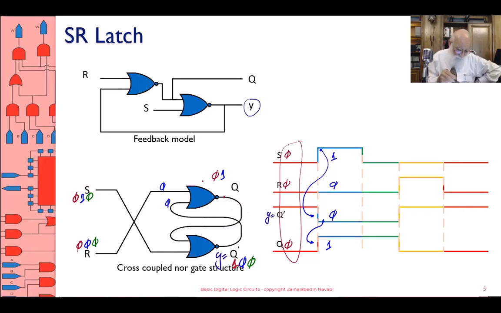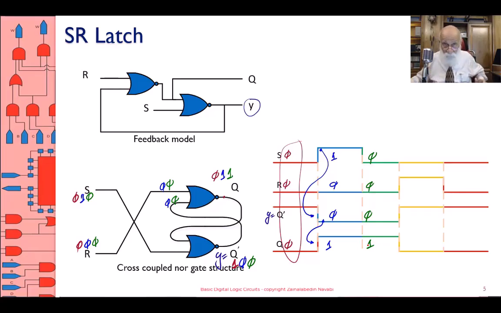The 0 feeds back to the upper gate, so I have a 0 here, and I also had a 0 on R, and therefore the 2 zeros keep my output Q at a 1. And therefore what has happened is nothing. S changes to 0, R is still 0, this still remains 0, this still remains 1.